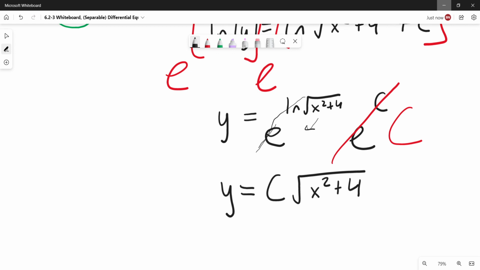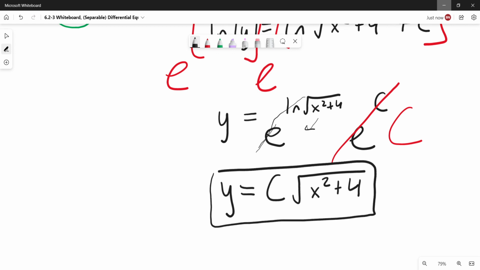Writing it like this is fine. Technically, I guess you could do a plus or minus thing. I don't usually see problems where they have a plus minus in their answer.